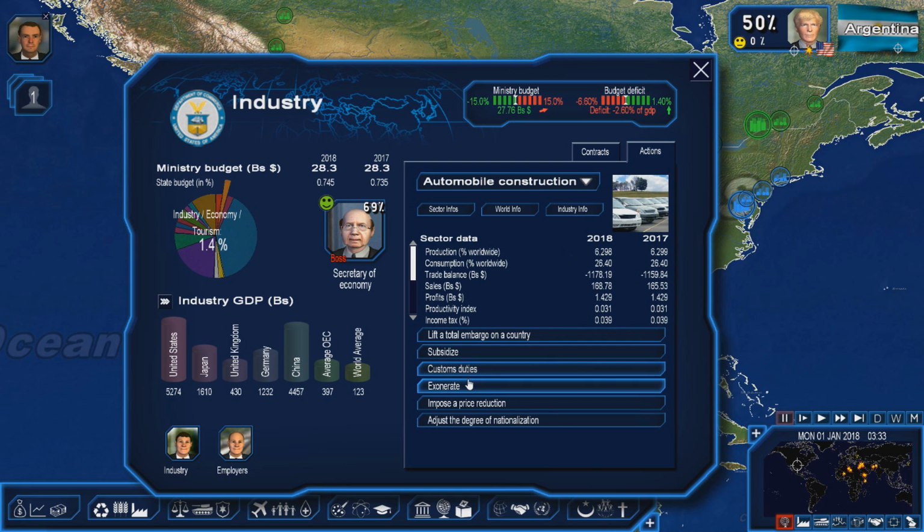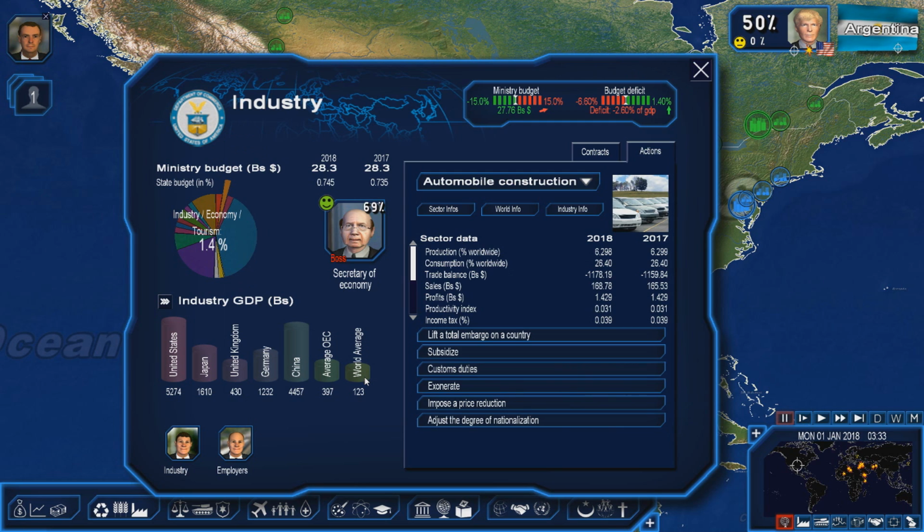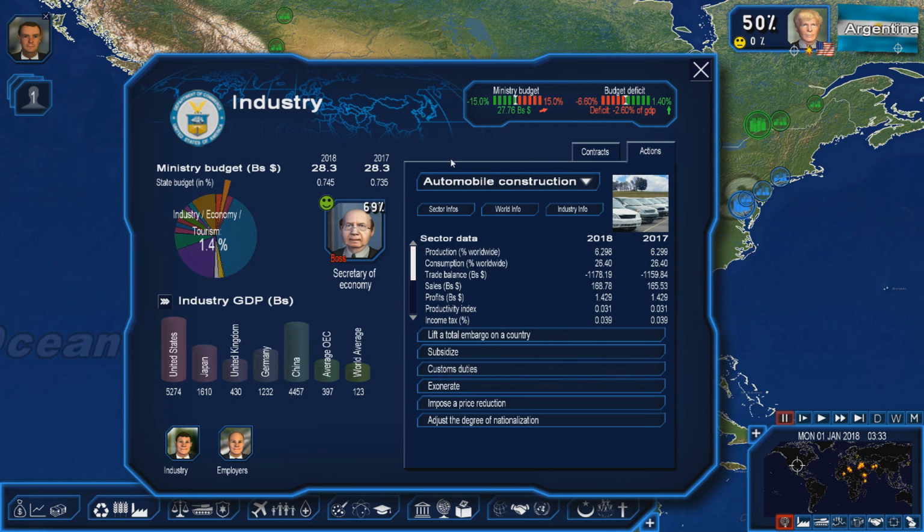So right here, what I would suggest, whatever thing you want to produce, come over here and go to custom duties, put a 5% tariff on it. That is what I usually do. However, if you want to grow this industry, do not put a tariff on it, because tariffs put a tax on it, and it discourages people from buying imported, for example, imported automobiles.